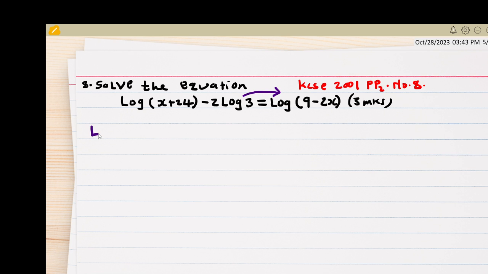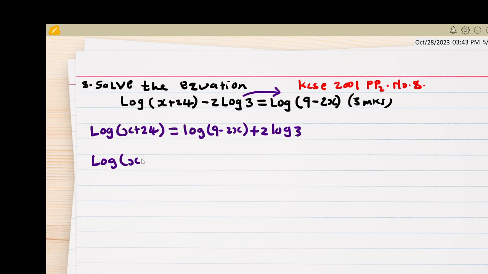So this will be logarithm of (x plus 24) equal to logarithm of (9 minus 2x), then of course if it moves to the other side it will be positive 2 log 3.